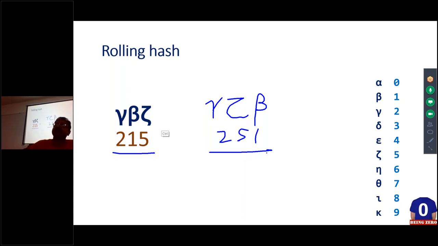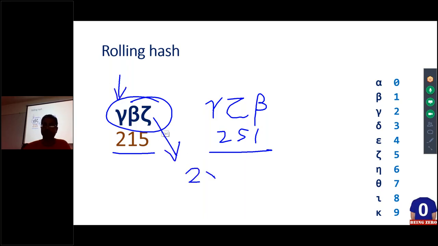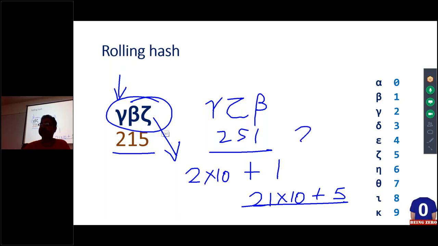So number creation: this time, how will you create this number for the pattern? You take the first ASCII, multiply it by 10, keep adding the next ASCII, 21, multiply it by 10, keep adding the next ASCII. So 215, this way you create it, right?